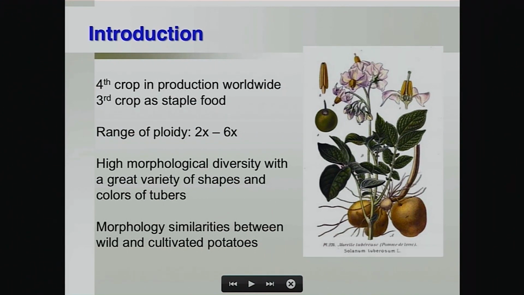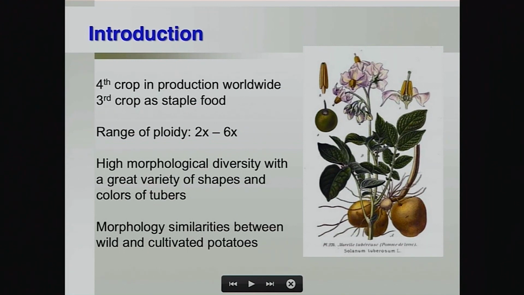Why? First of all, we have ploidy levels between diploid and hexaploid. In wild potatoes, we have between diploids and pentaploids, and hexaploids, and in cultivated from diploid to pentaploids. But in all sections, look at the range: diploid, triploid, tetraploid, pentaploid, hexaploids.